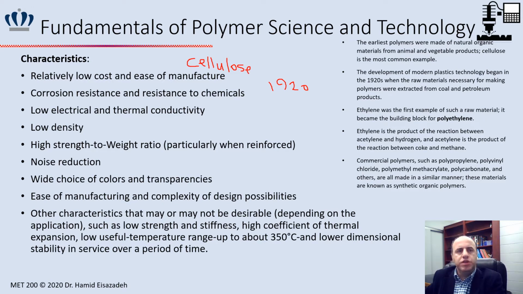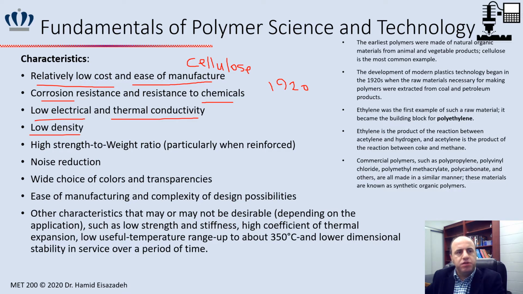But what are the characteristics of polymers? They are relatively low cost and easy to manufacture. Their resistance to corrosion and chemicals is very good. They have low electrical and thermal conductivity. They have low density, meaning they are lightweight.